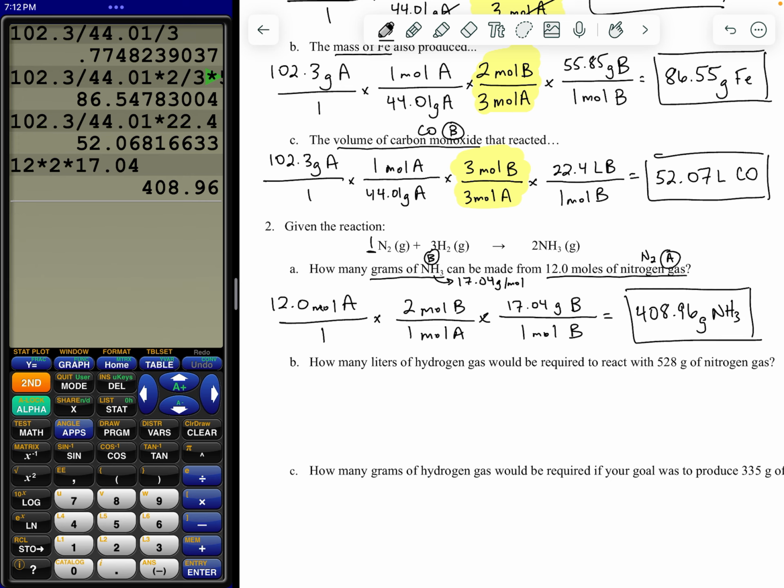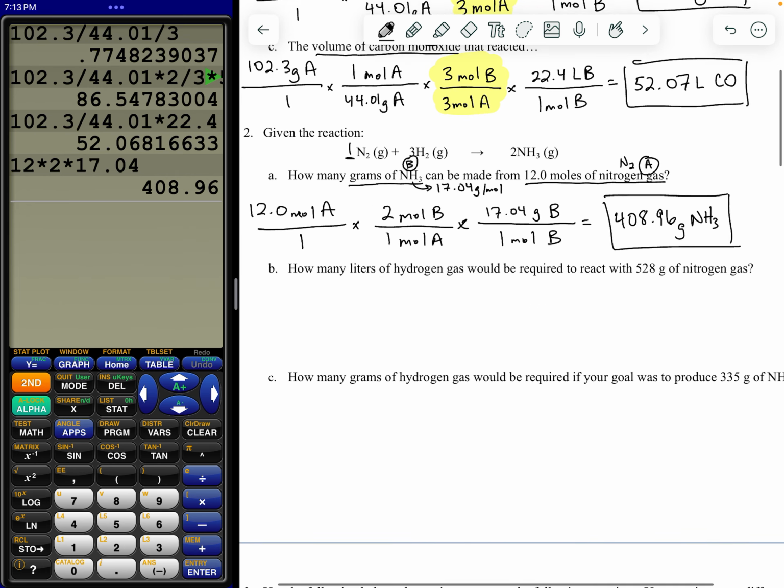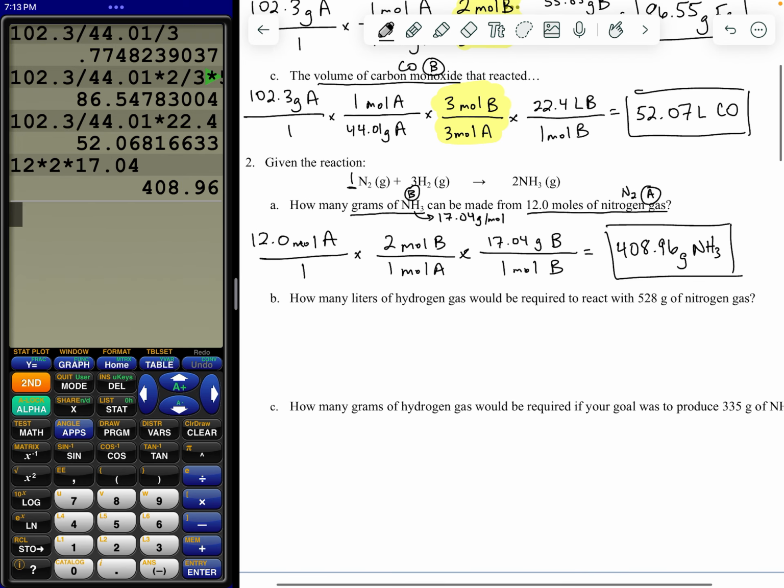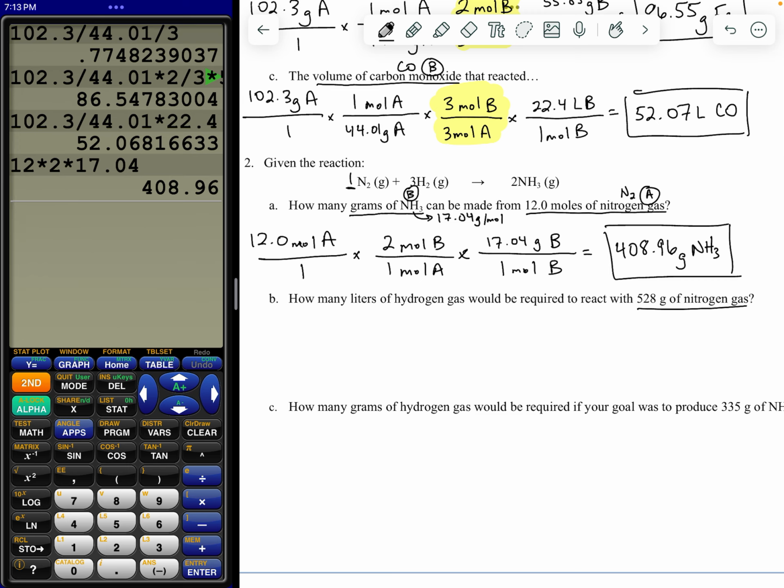And again, stoichiometry is just the ability to say, well, if we start our reaction here with 12 moles of nitrogen gas, and all of that is assumed to react completely, then we should be able to produce this much ammonia. And that's going to be useful, especially in lab when you're talking about multiple reaction amounts. So we'll get to limiting reactants here in a second. But let's just do a couple more of these just to make sure we got these all set to go.